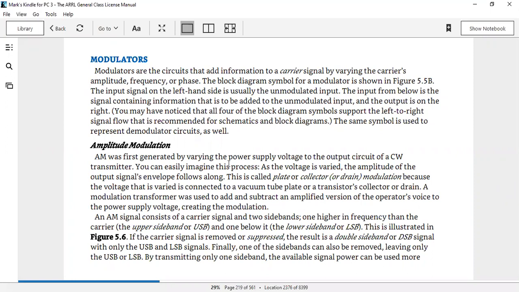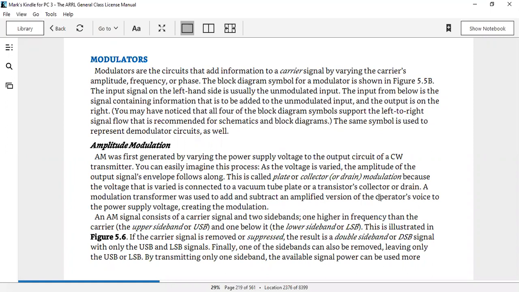And then we added voice, and voice came about by varying the power supplied to a tube on a transmitter, and by varying the power, it varied the amplitude modulation, and somehow the voice is added to that. It doesn't go into how it's added, but deeper study will give you that information.